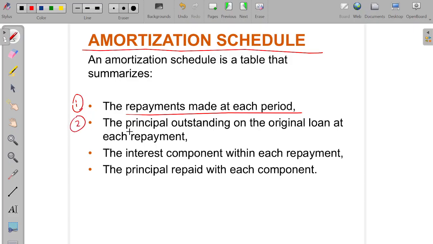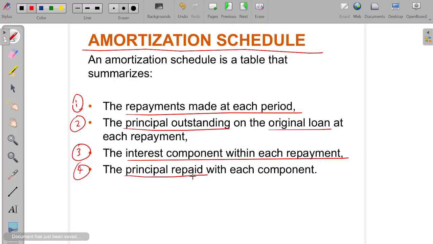Number two, the principal outstanding on the original loan at each period. Number three, the interest component within each repayment. Number four, the principal repaid. The principal repaid is the money we have paid. The outstanding principal is the money we are yet to pay. Of course, we can include the periods.